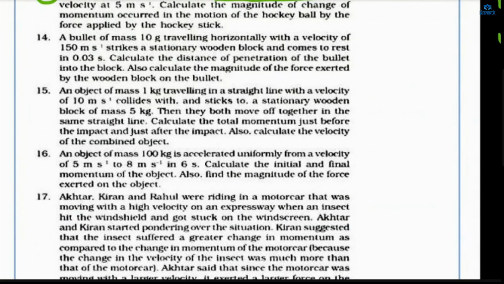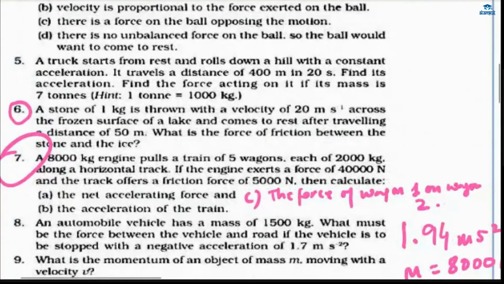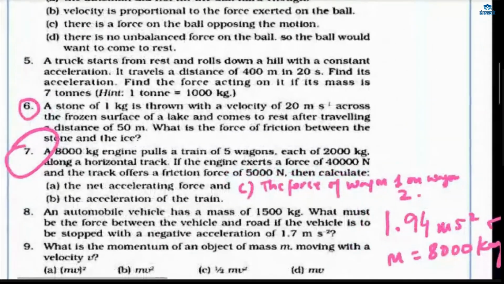Let's take this question. A stone of 1 kg is thrown with a velocity of 20 meters per second across the frozen surface of a lake and comes to rest after traveling a distance of 50 meters. Can you do this question? Yes, ma'am.